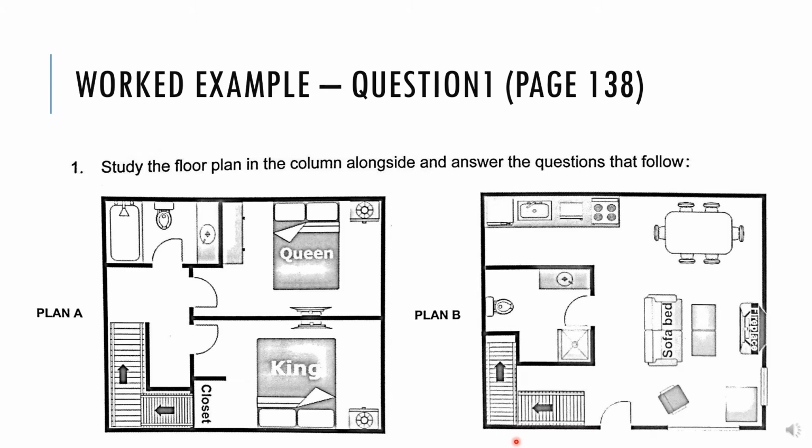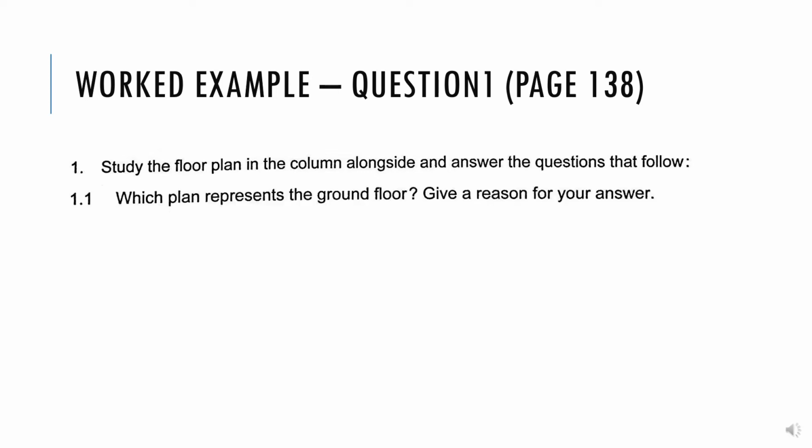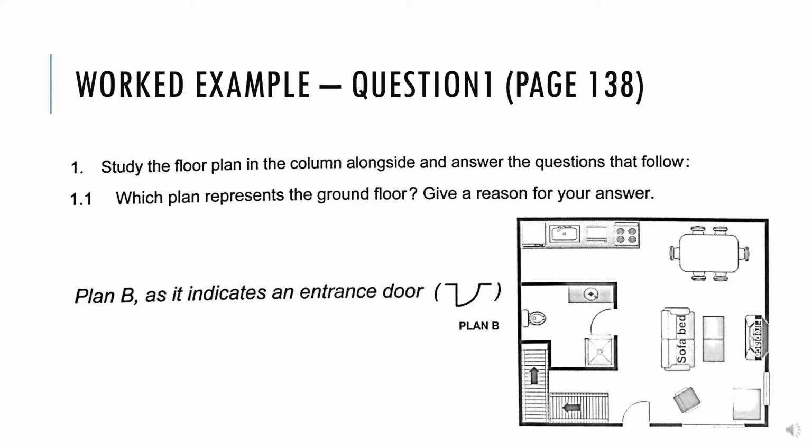Right. So we'll see that it seems to be the floor where you find the dining area and the kitchen and so on, because of this. So your answer would be plan B, as it indicates an entrance door over here. Okay.